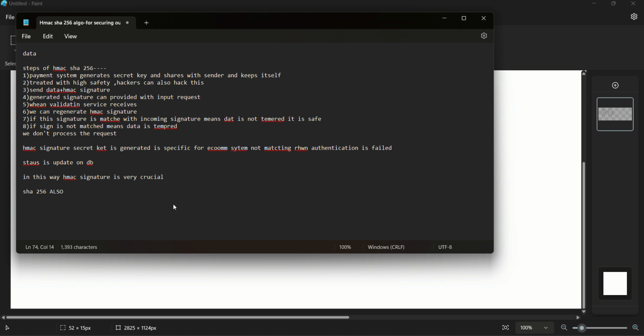For example, the e-commerce system can enter 1000 USD, and on the way of communication it can be changed to 10,000 USD, and the PayPal system keeps that payment as successful. So it is a huge mistake.